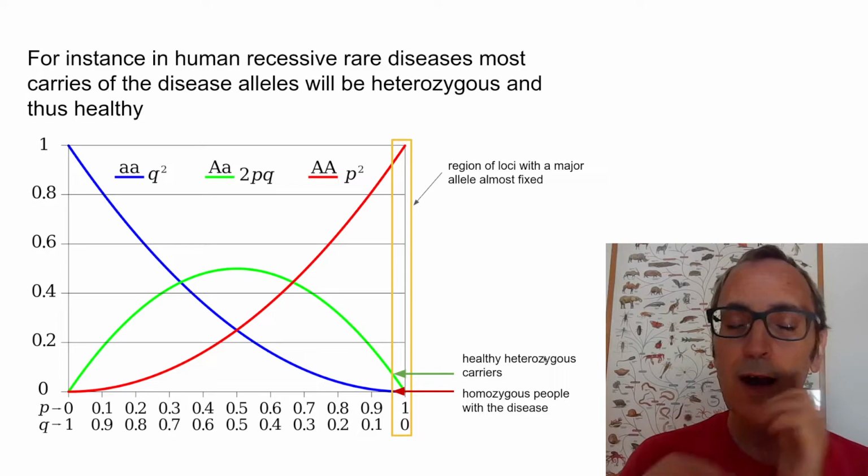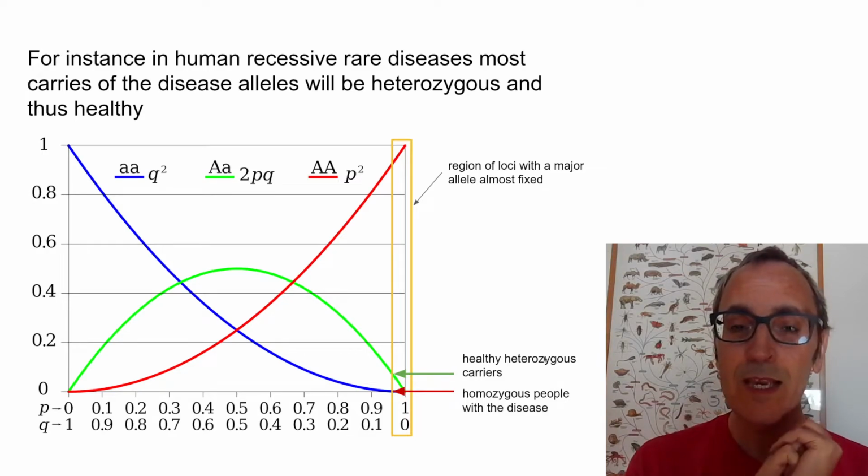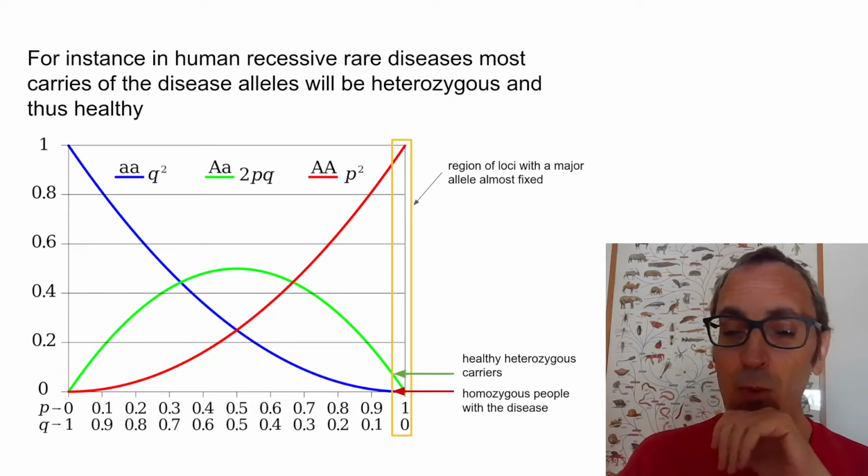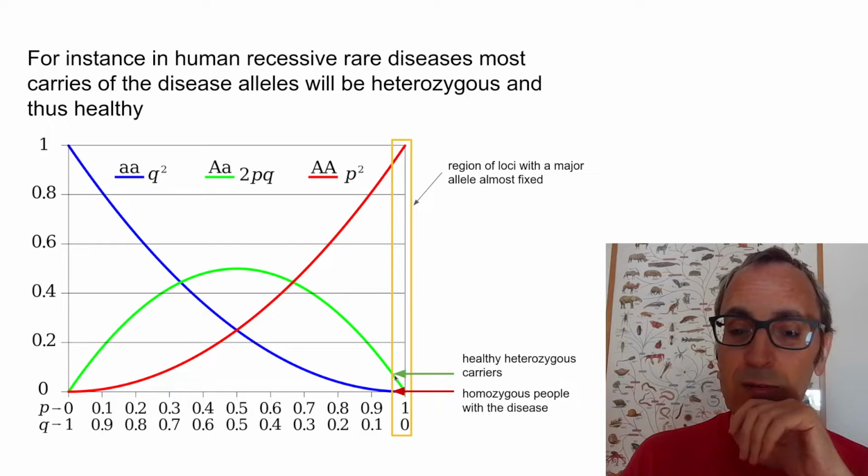So when you have a recessive allele, even if it's deleterious or even if it's advantageous, it won't matter for selection, because most of the time it will be invisible for selection.